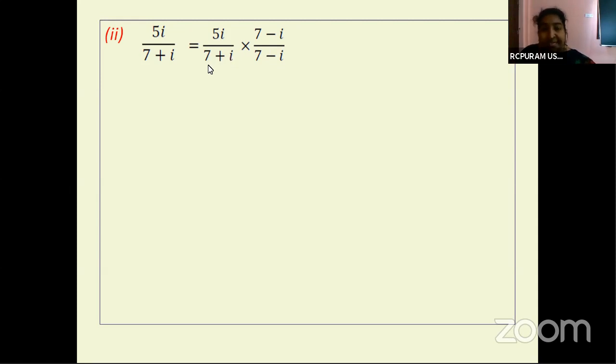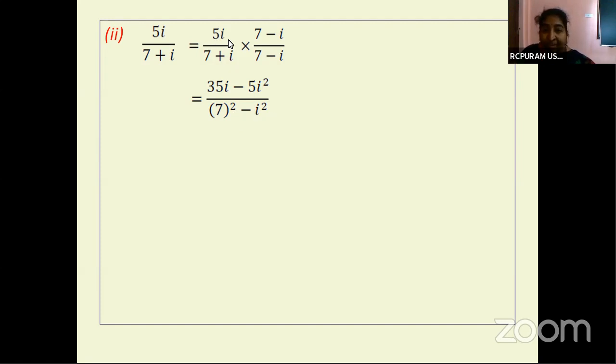Then we'll start simplifying. Our denominator looks like (a + b)(a − b), so you have 7² − i². 7 is your a and b is i, so (a + b)(a − b) is nothing but a² − b².